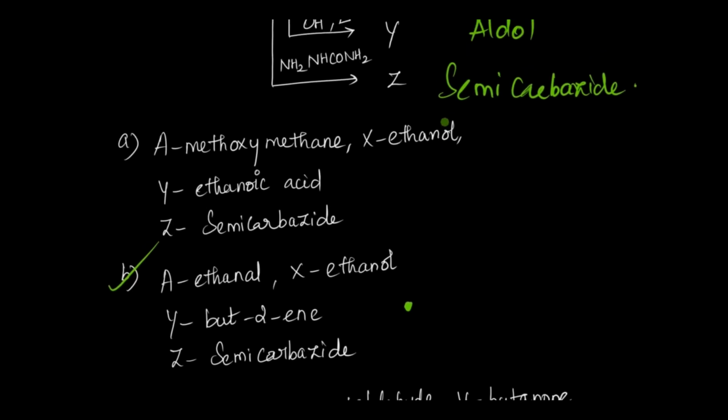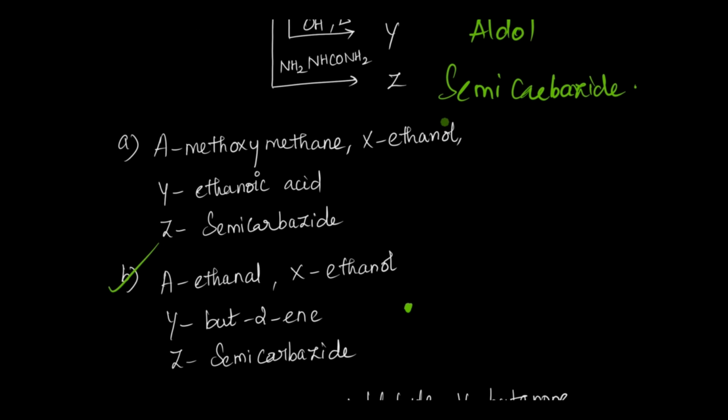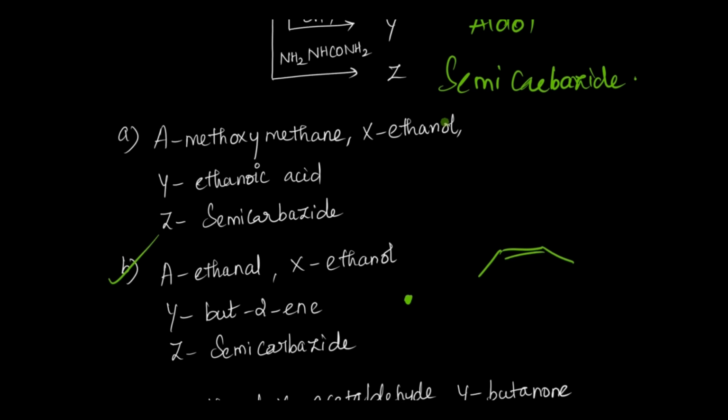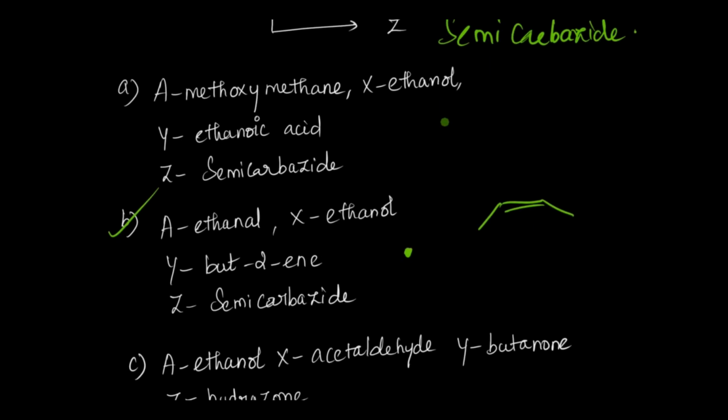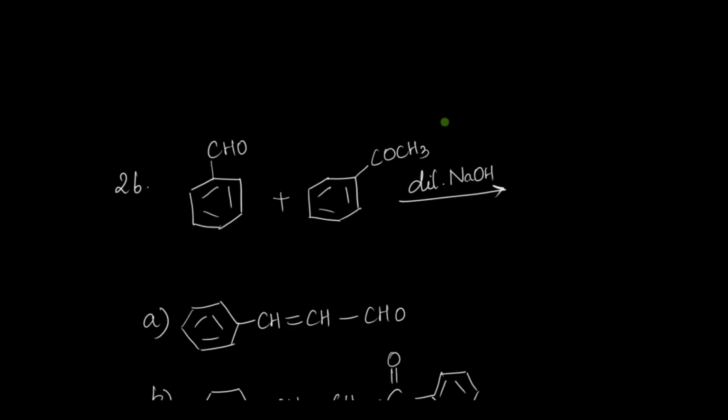Okay, so let's check out Y, that is butenal, an alpha beta unsaturated thing, and Z is the semicarbazone. It should have an aldehyde, but anyway, the answer to this question is B.